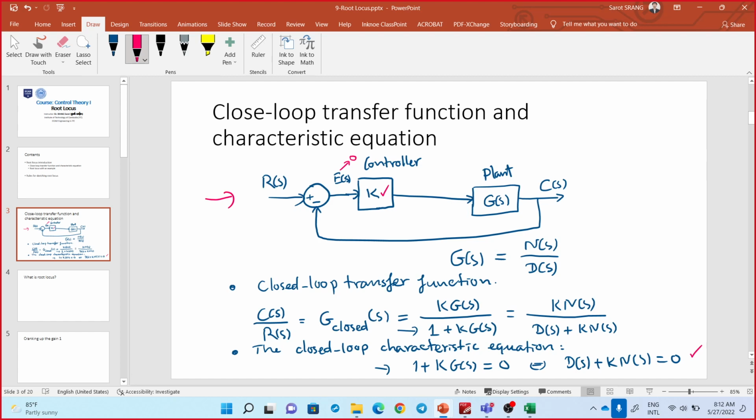The next step is to analyze what happens to the poles when K varies. All s that satisfy these equations we call poles, and if all the poles are located on the left half plane of the complex plane, real and imaginary, then the system is stable.